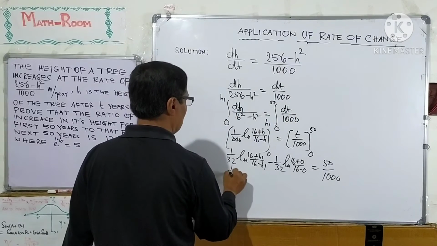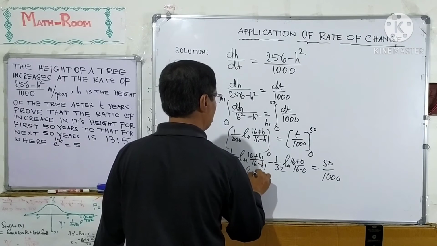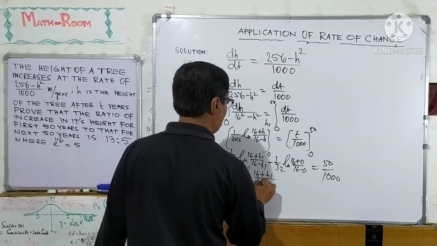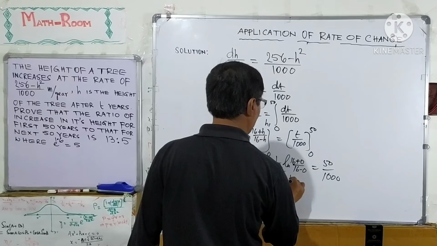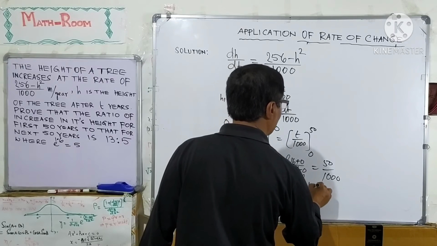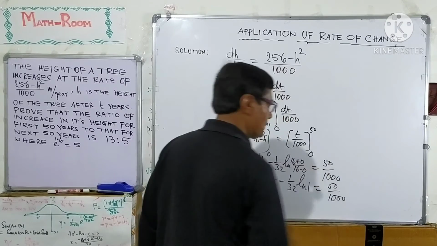So 1 over 32 natural logarithm of (16 plus h1) over (16 minus h1) minus 1 over 32 natural logarithm 1 equal to 50 over 1000.